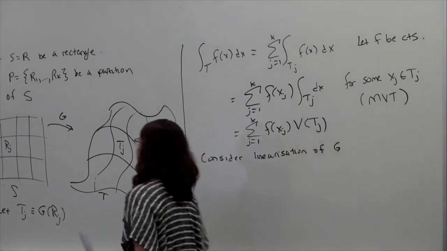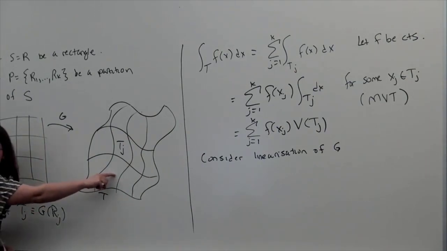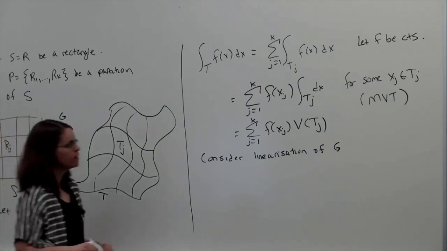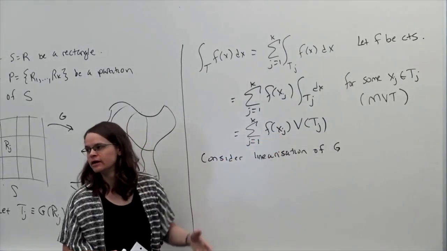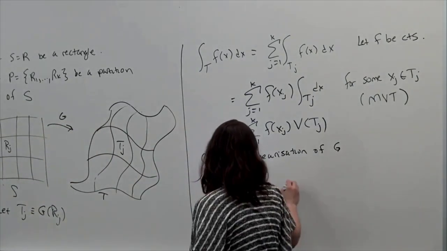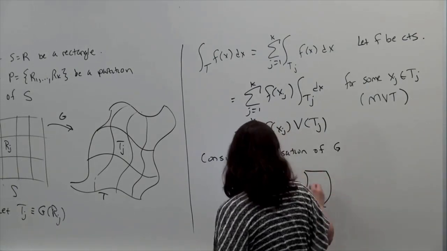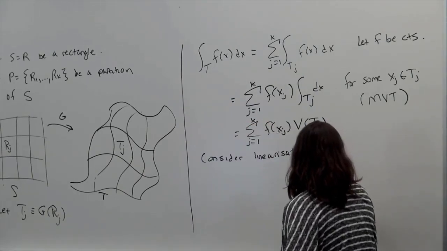All right, so where am I going to do this about? Right now, I have a reference point over in here, but G acts on things that live over here. So I need to find a point over there to linearize about. Well, I should probably use the point that corresponds to xj. Xj comes from somewhere. So if I draw a picture again, say this is my Tj, and here's my xj.